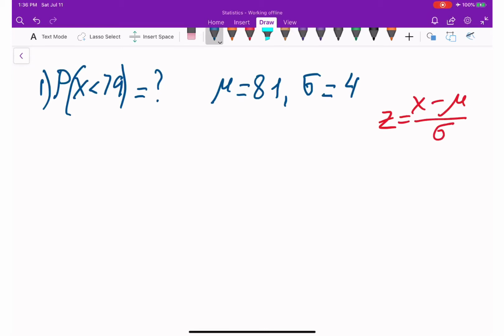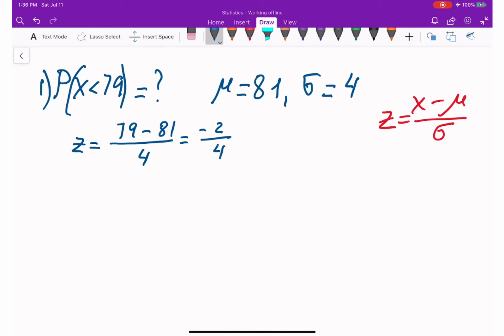So we are going to get the z-score, which is going to represent this value of x for the table of z-score. So z-score is equal to x, less than 79, minus mu 81, divided by 4. 79 minus 81 is equal to negative 2.